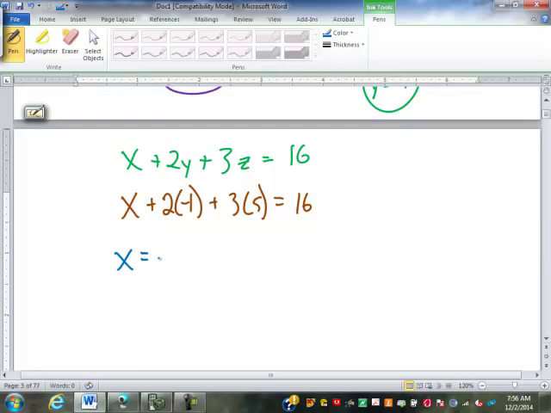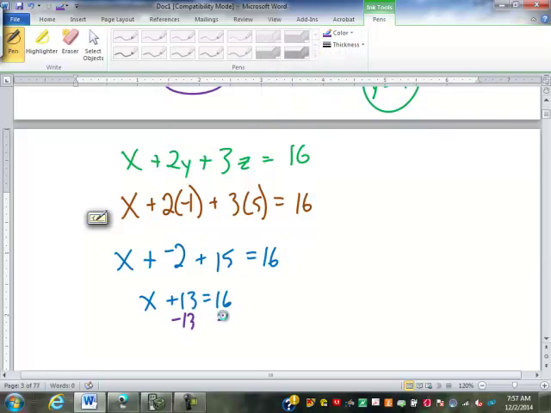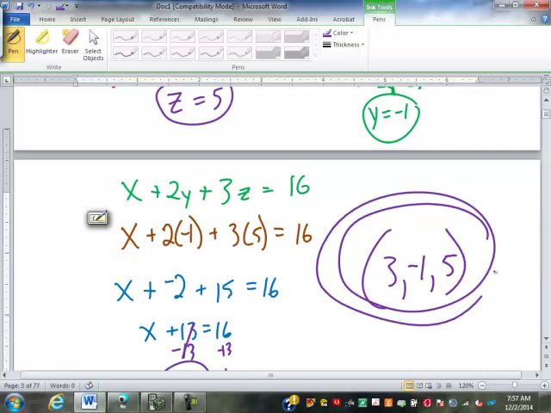So 2 times negative 1 is a negative 2, 3 times 5 is 15. Negative 2 and 15 make 13. We shall solve this by subtracting 13. X equals 3. So x is 3, y is negative 1, and z is 5.